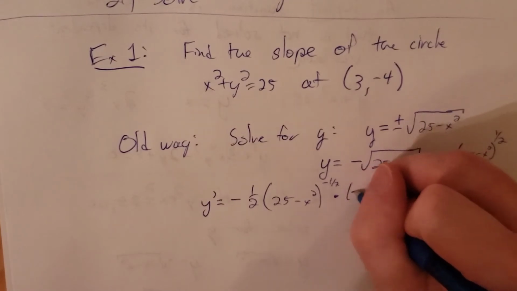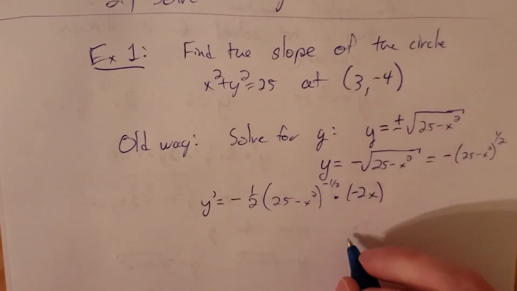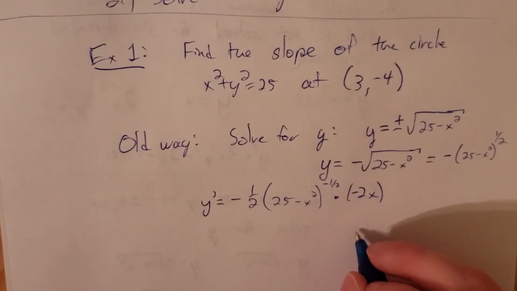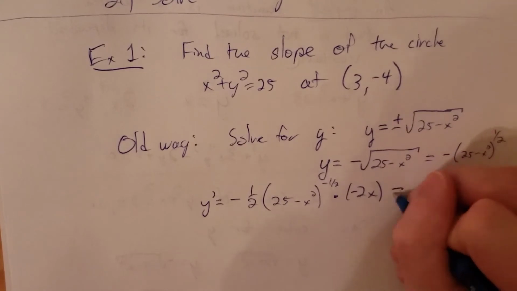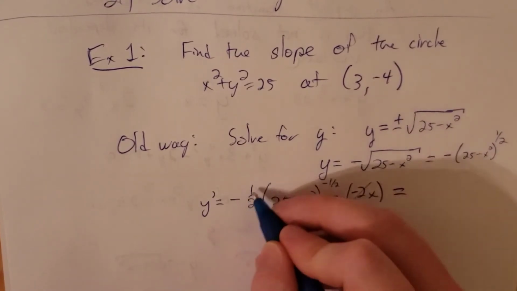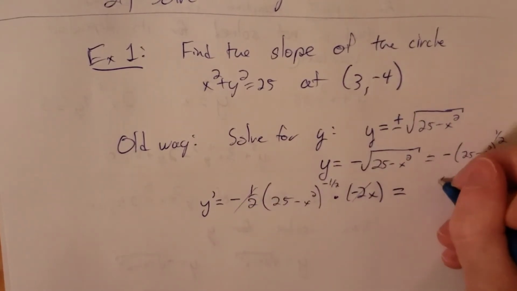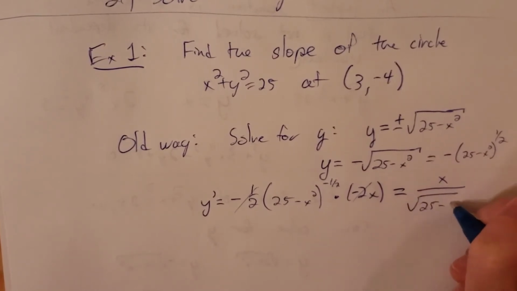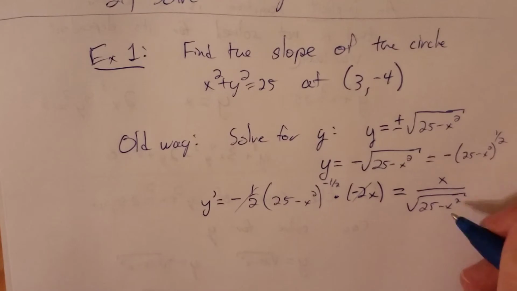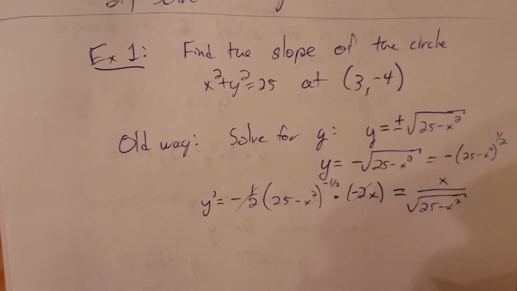The derivative of the inside is negative 2x. And once we have done that, we can rearrange this. Negative 2 and negative 1/2 cancel, so this is just x over the square root of 25 minus x squared, just to rewrite it in a nicer way.